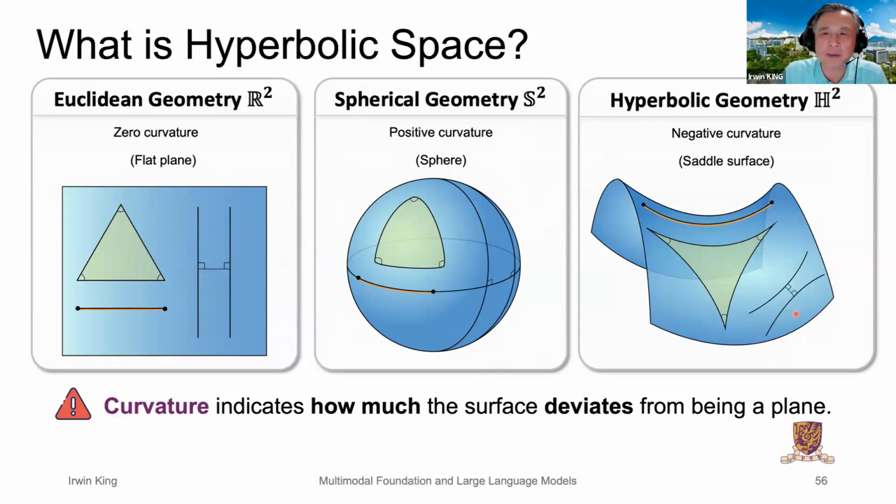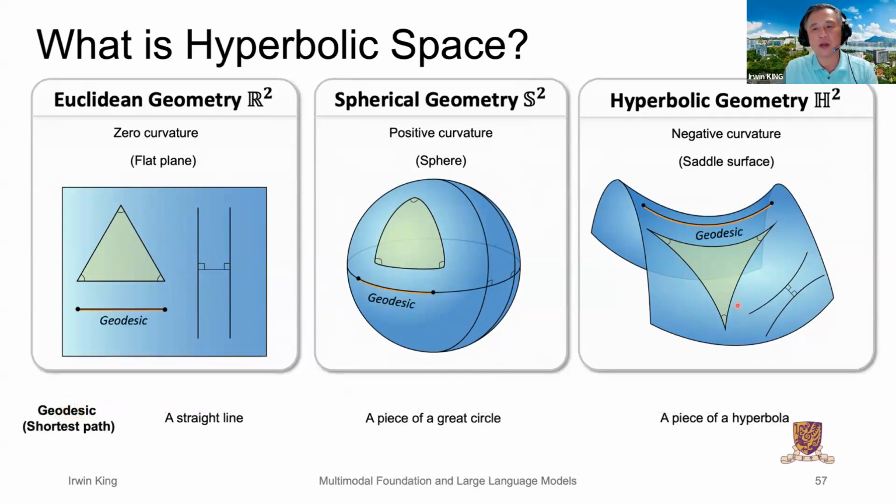Why do I want to talk about hyperbolic geometry? It is because hyperbolic geometry turns out to have a good property. What is that good property? It is good for what we call hierarchical embedding.